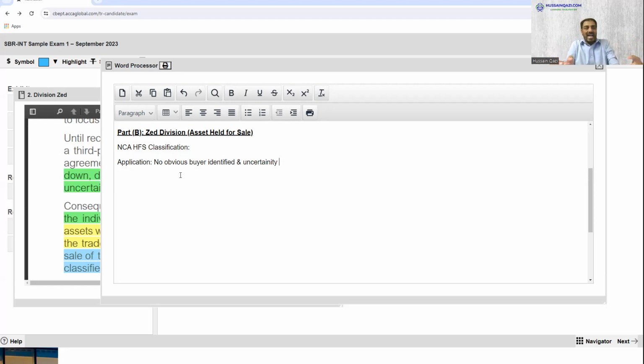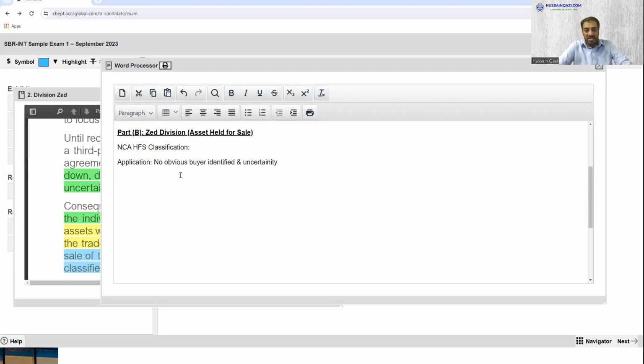You need to mention the IFRS 5 conditions about being immediately available for sale and the sale being highly probable. So first it's about the knowledge. But here in the case, there is no obvious buyer, and in fact uncertainty about a long process that would take place. So this is the first point.